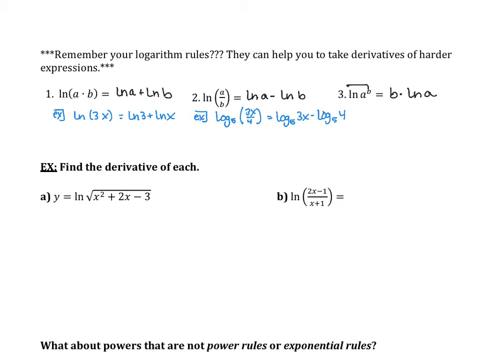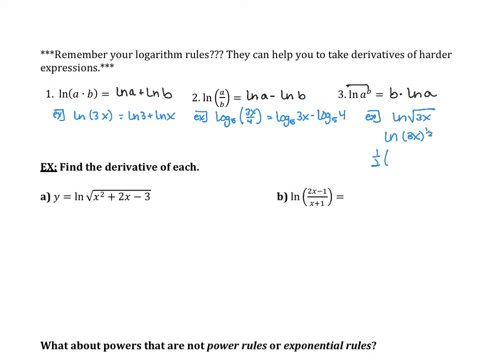Probably one of the ones that most people get confused about, we're going to look at here in just a second, is remember that if I'm taking the natural log of the square root of 3x, I could rewrite this to be the natural log of 3x to the 1/2 power, and then the 1/2 comes down.